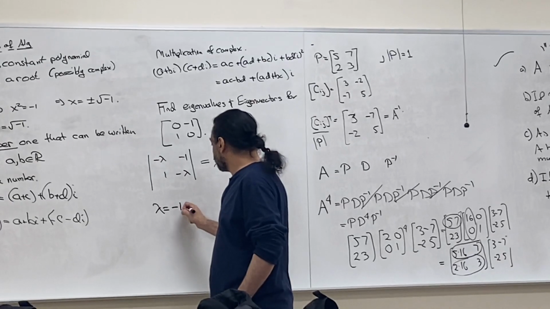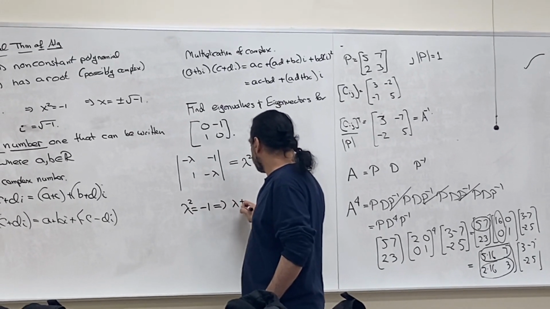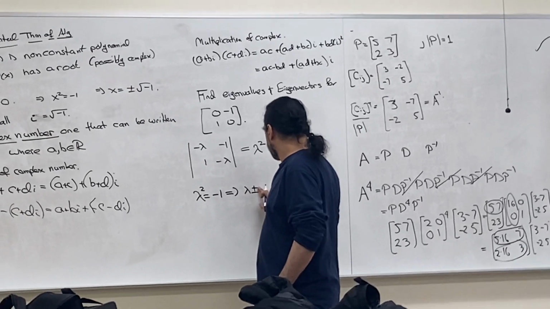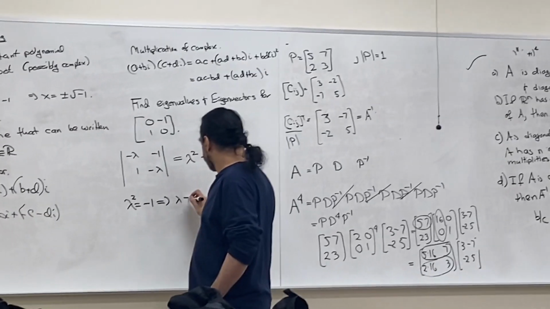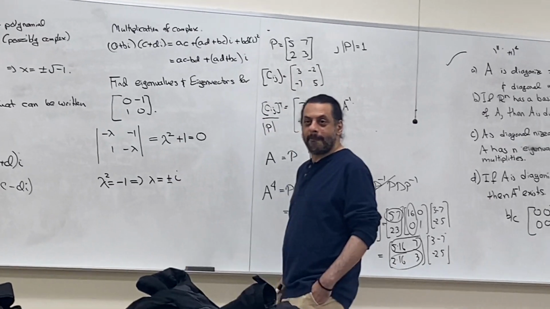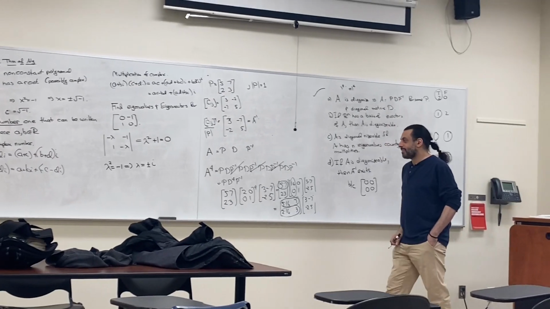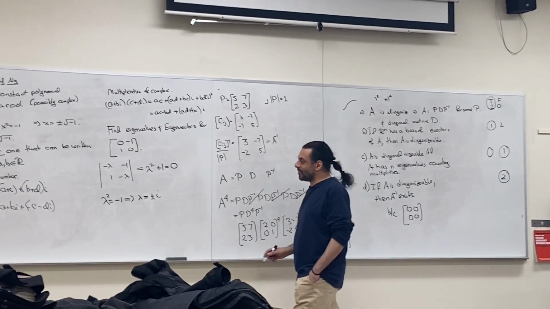So what are my eigenvalues? Lambda squared is equal to minus 1, so lambda is equal to plus or minus i. Good? So let's do it. Which one do you want to use, i or minus i?